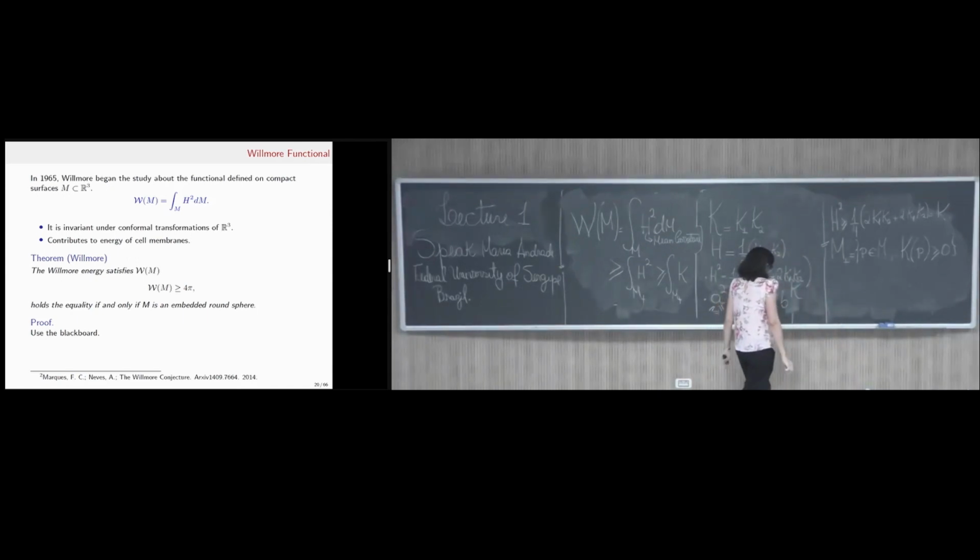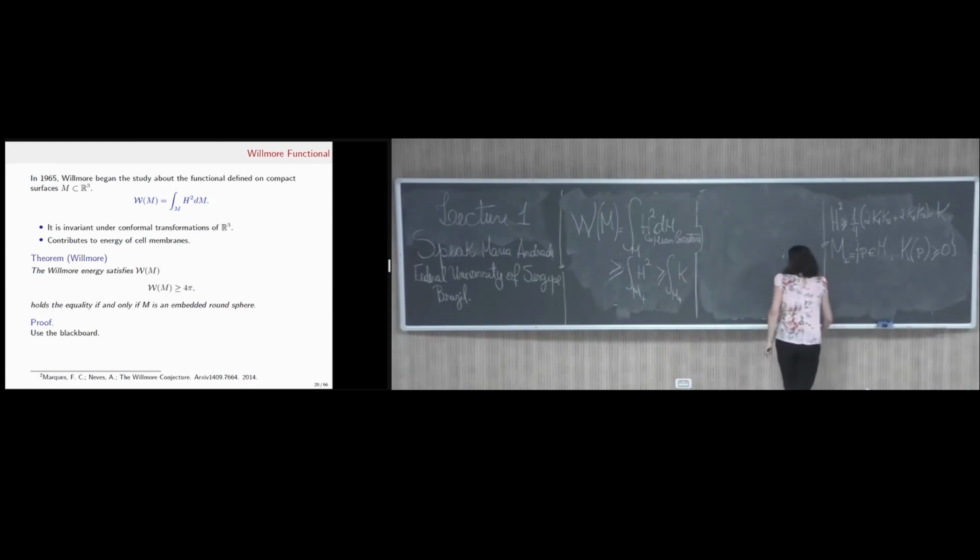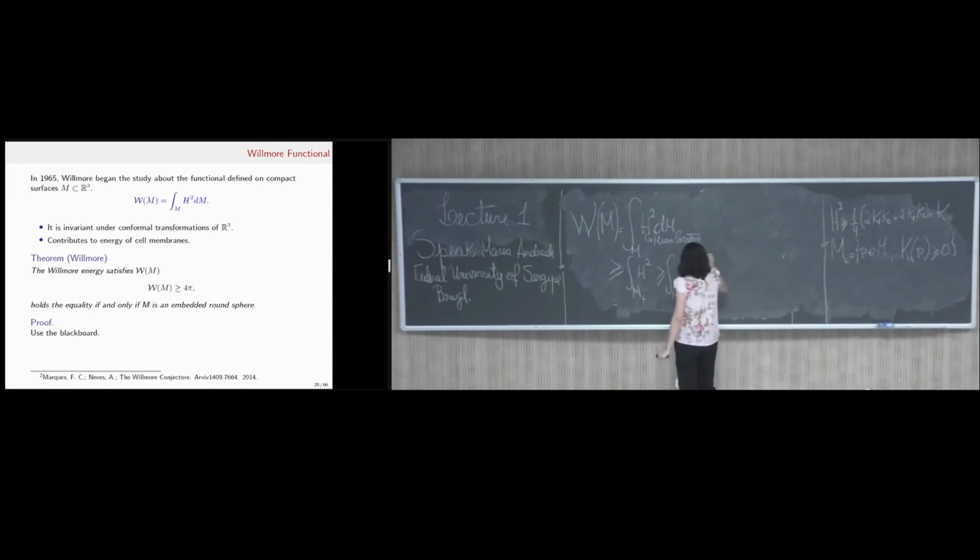So at this moment, I remember that when I began this mini course, I defined for you the Gaussian application, and this expression is the same as the determinant of the differential of the normal application, okay? And this is the same as 4 pi.